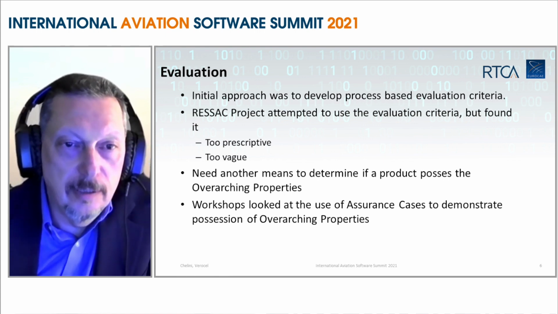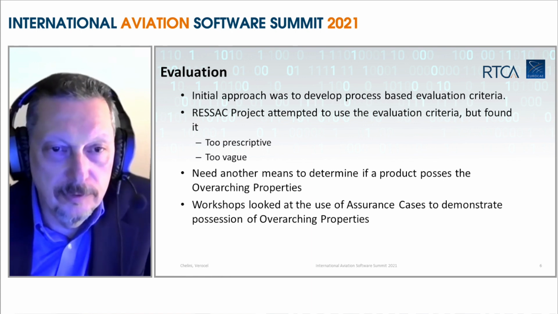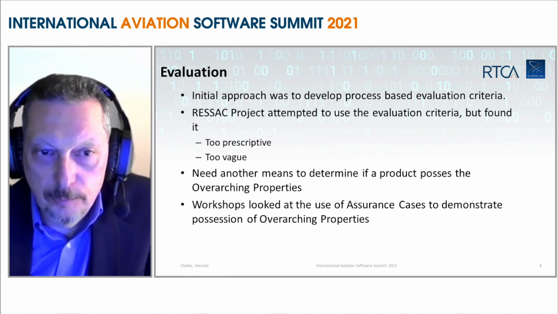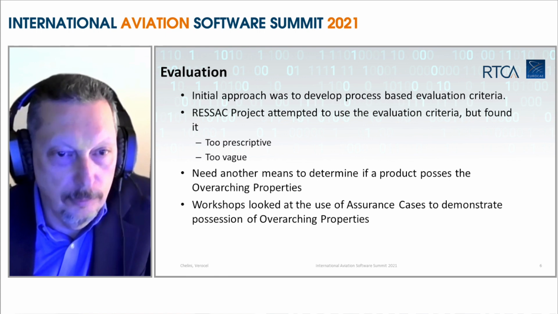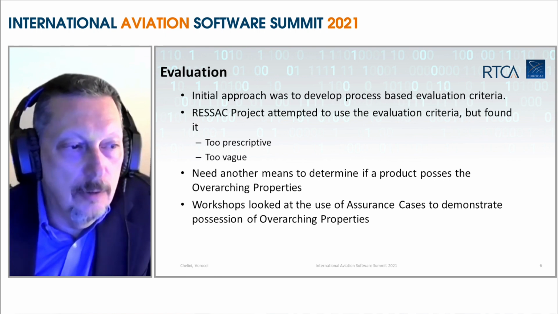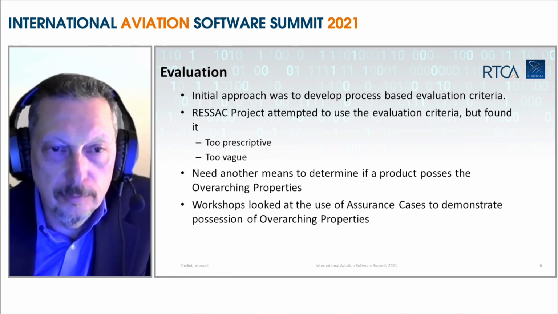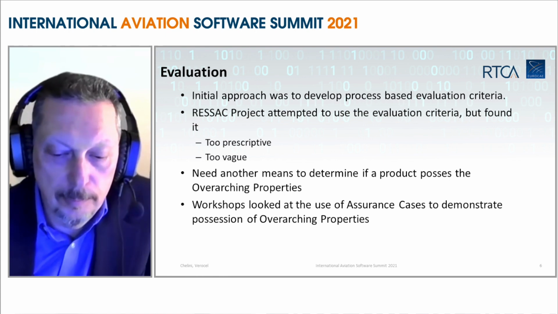So they identified a need to determine if a product possessed the properties through some other means. A series of workshops were held with the RESSAC team and OPWG and CERT authorities, and quickly came to focus on the use of assurance cases or structured arguments as a way to demonstrate the possession of overarching properties.